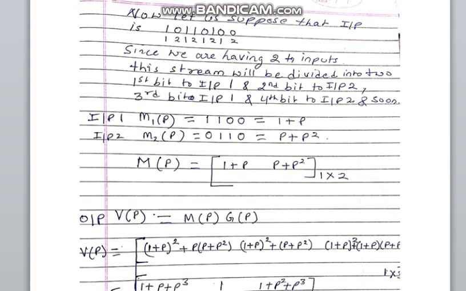As we have 2 inputs, the first bit will go to the first input and the second bit to the second input, then the third bit will go to the first input and the fourth bit to the second input. In this manner we segregate them into 2 bit streams, M1 and M2, and represent them in polynomial form as 1 plus p and p plus p square. So the message polynomial will be of size 1 cross 2, because we have 2 inputs.